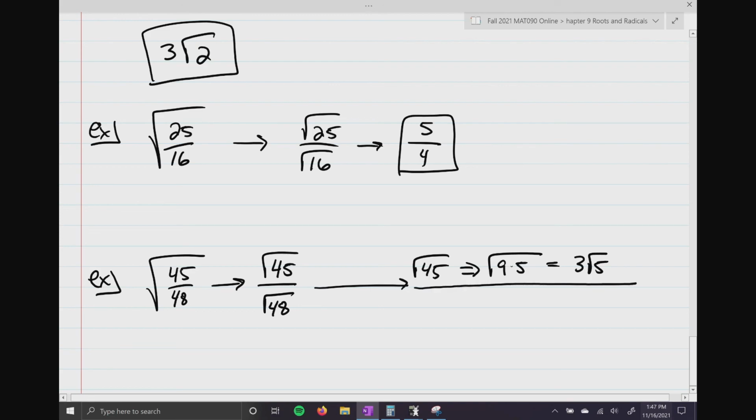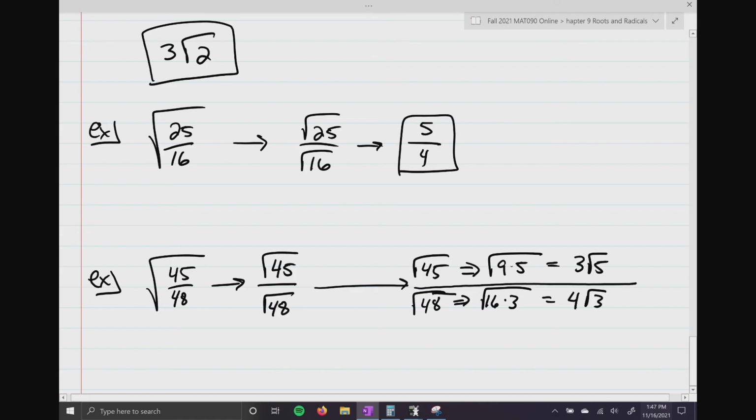Now the square root of 48. I had to think about this one for a second. 16 times 3. Actually, let me write it the same way I have it above. So the square root of 48 reduces down into the square root of 16 times 3, which is really 4 square roots of 3.